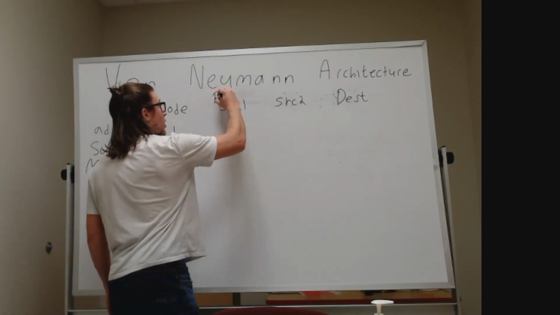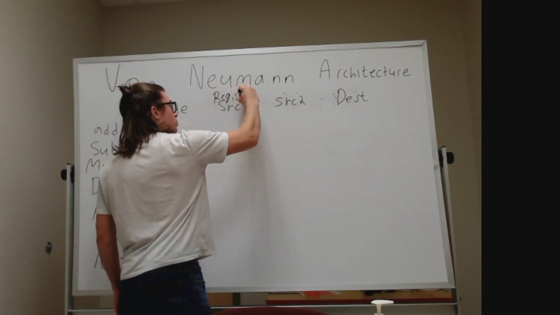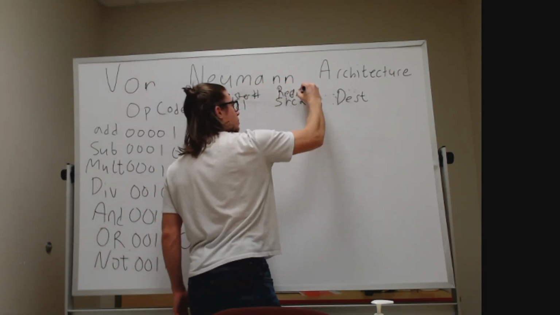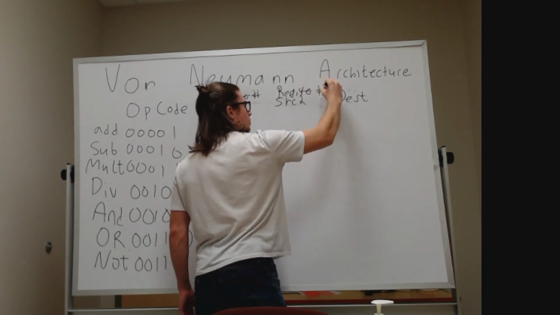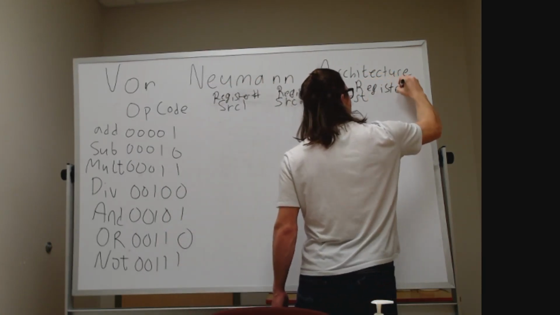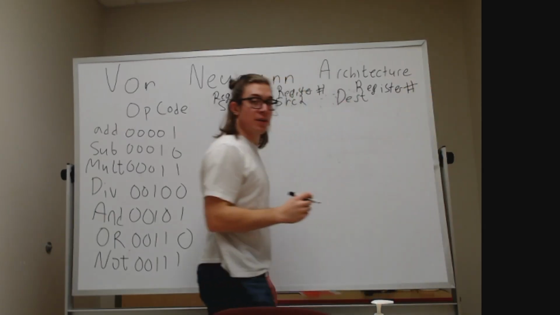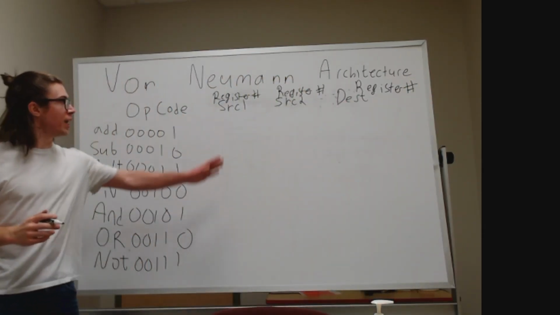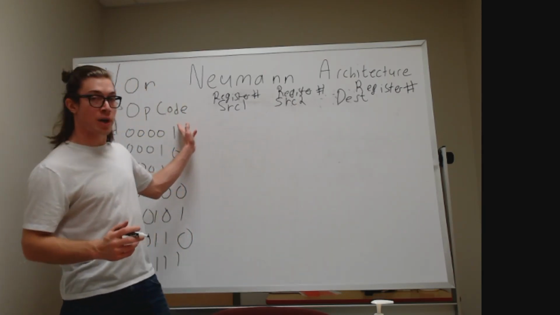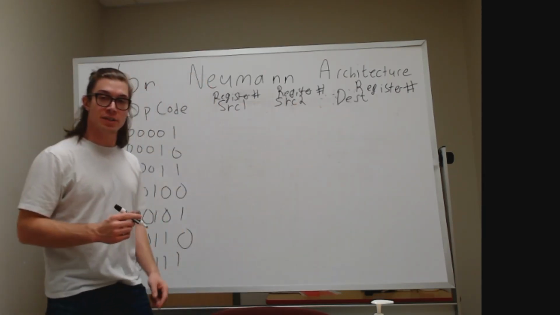So this is a register number. This is a register number. And this is a register number. So what we're actually saying is take the values in these 2 registers and add them together if the opcode is 1 and store the result in the destination register.